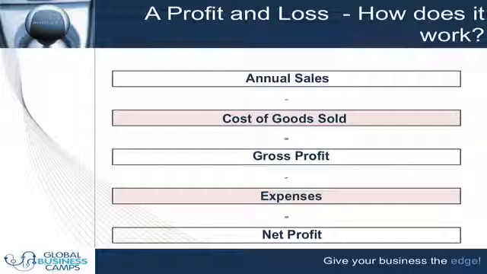What you'll notice is that some of those boxes are clear or white, and some of them are coloured. What I'm saying with the boxes that are clear or white is that they are outcomes. They are derivatives of other things. You cannot control that. Whereas the coloured boxes are things that we can control. So for example, our cost of goods sold, we can go to our suppliers and try to get a better deal, or we can look for other suppliers.